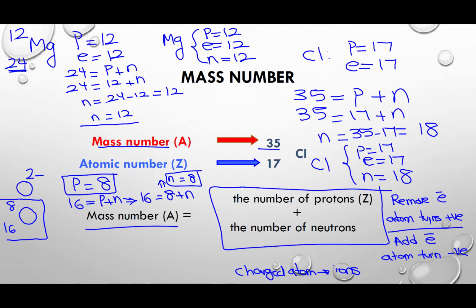It's the electron that changes. For a neutral oxygen atom, you would expect the electrons to be 8. But it's not neutral, it's charged. It's 2 negative. That means you added 2 electrons. So instead of 8, it's 10.